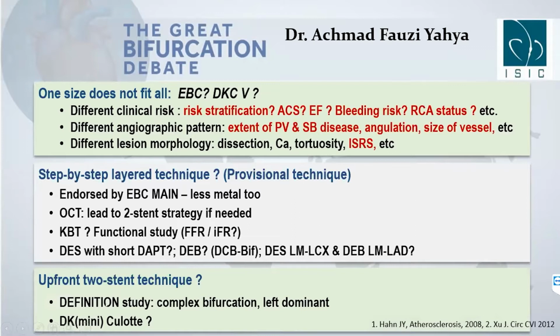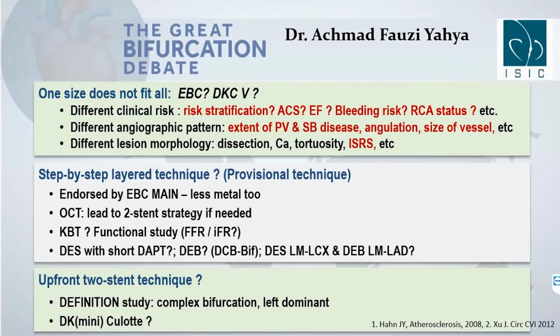The question is again whether we would like to use the DK crush technique or the recently introduced DK mini-culotte. But if I have to use this upfront two-stent technique, then I will use the DK crush technique, because this is the technique that I'm very much fond of. Thank you. Okay, thank you, Professor Santoso.